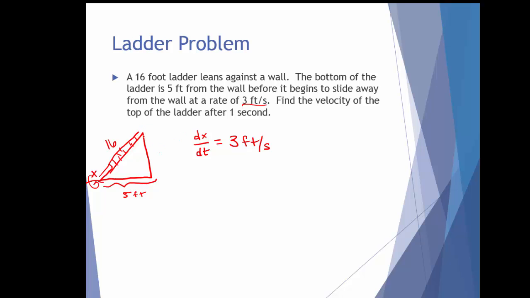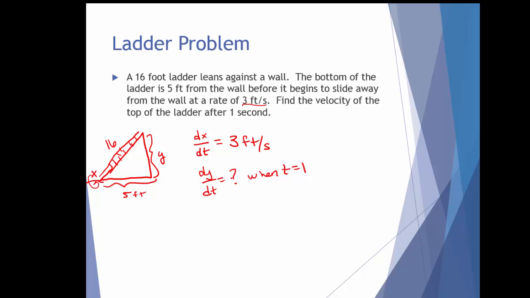So if we want to call this distance y, or choose any letter that you like, what we are looking for is how that distance is changing over time. So dy/dt is what we're looking for, but we're specifically looking for dy/dt at a time of 1 second, so when t equals 1.